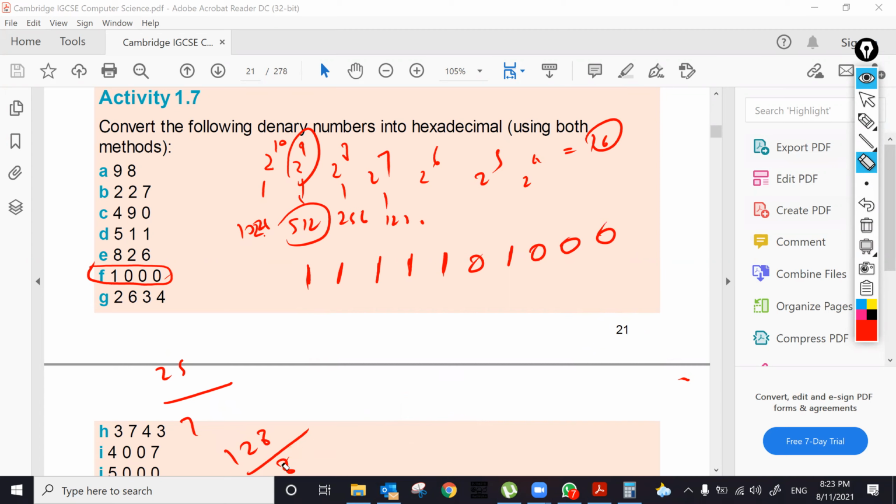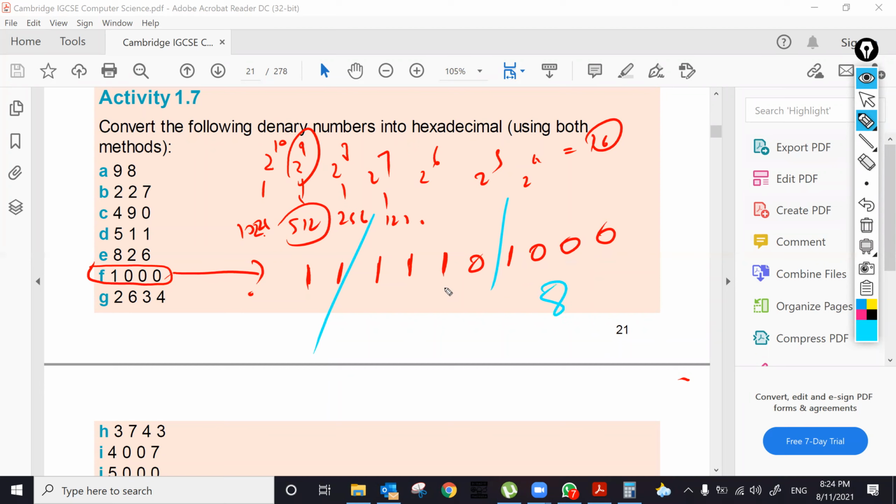Right? This is the binary value of 1000. Then move straight away, right to left, you divide in groups of 4 to make it hexadecimal. Here, what's the value? 1, 2, 4, 8. 8.